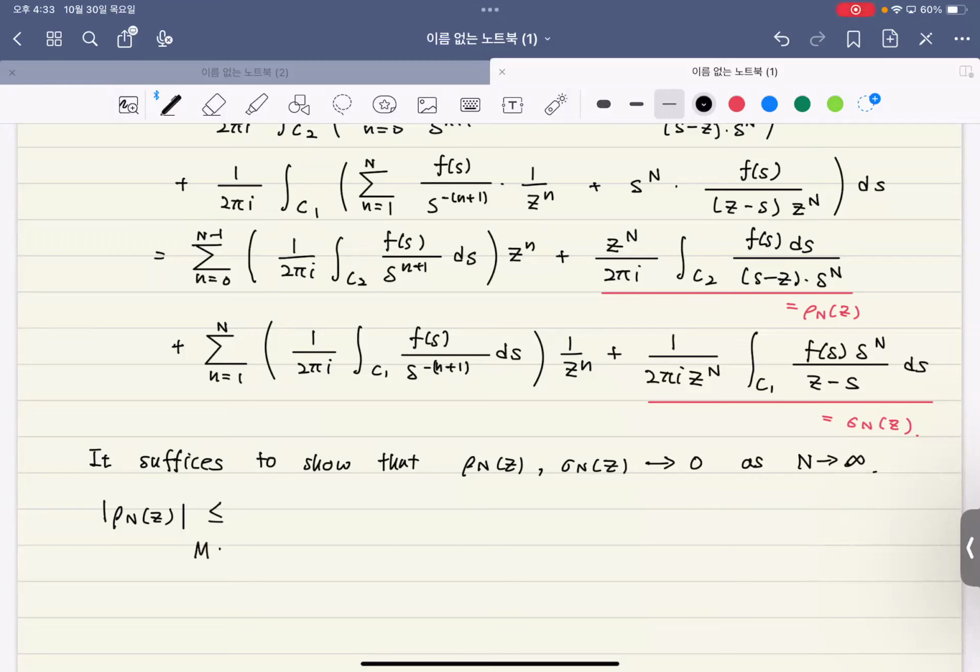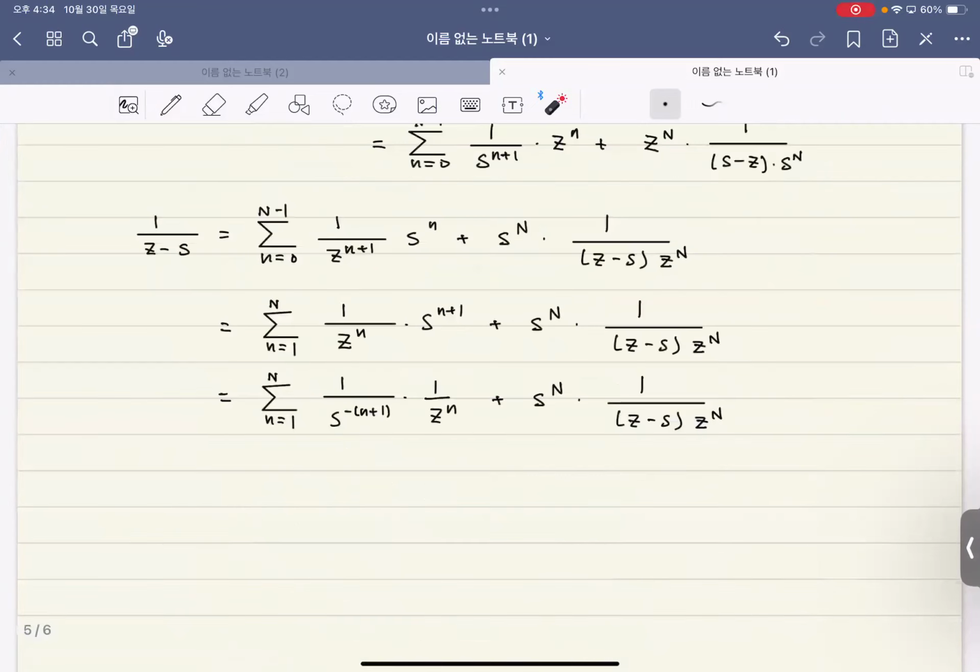I say this M is the maximum value of the modulus of f(s) on C1 and C2. So clearly there must be some such number. And using the ML inequality, the magnitude of these two guys is, well, what is my z?